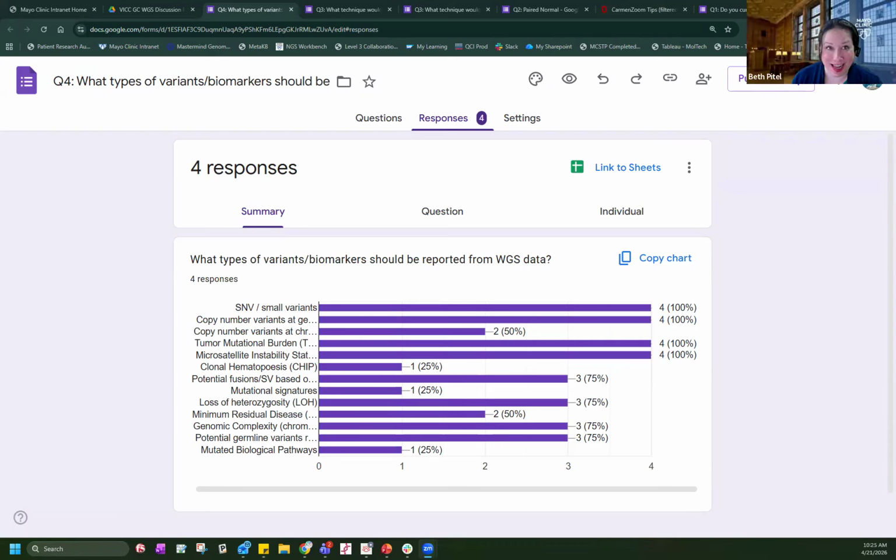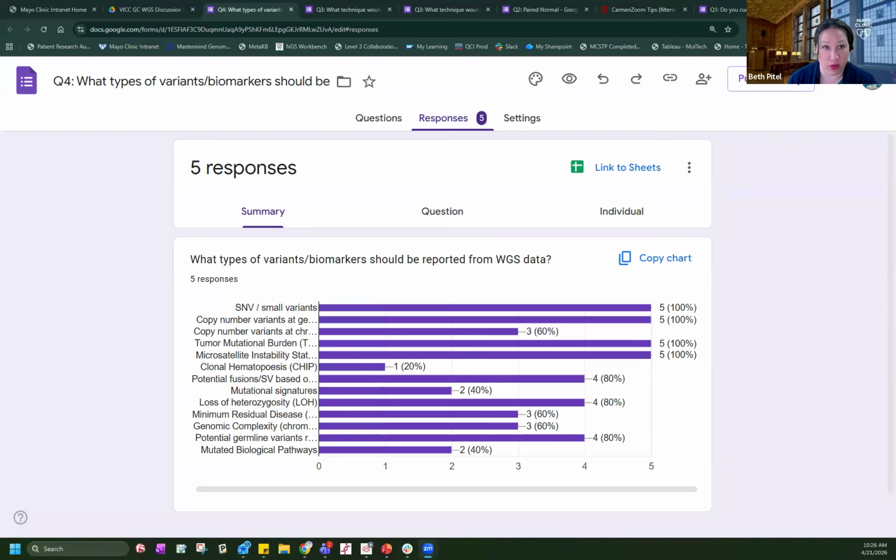That's exactly my thought when I was putting this together too. You can report this information, but do you want to take all of this into a whole genome versus something else?